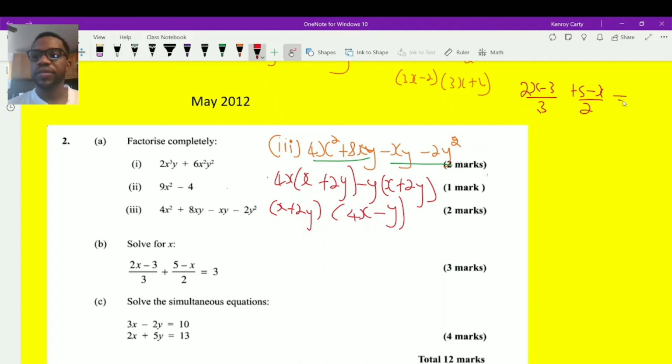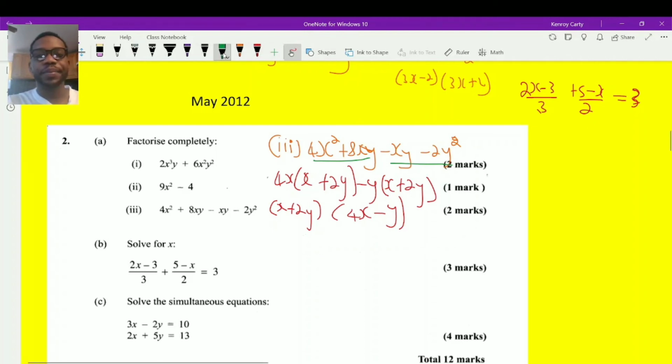Now when it comes to solving equations, one of the things that people normally don't want to have is fractions, because fractions sometimes tend to make your life a bit challenging. So to ease your mind, we're going to get rid of the fractions. There's only one way to get rid of fractions, and that is to multiply every single term by what we call the LCM.